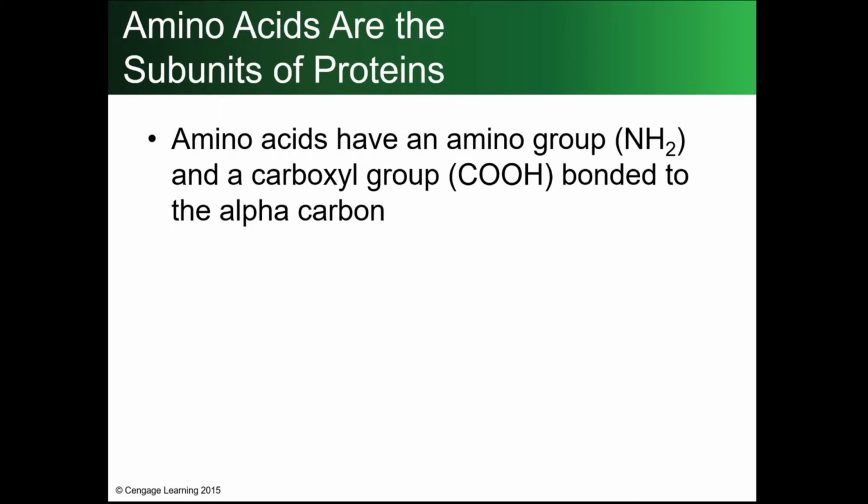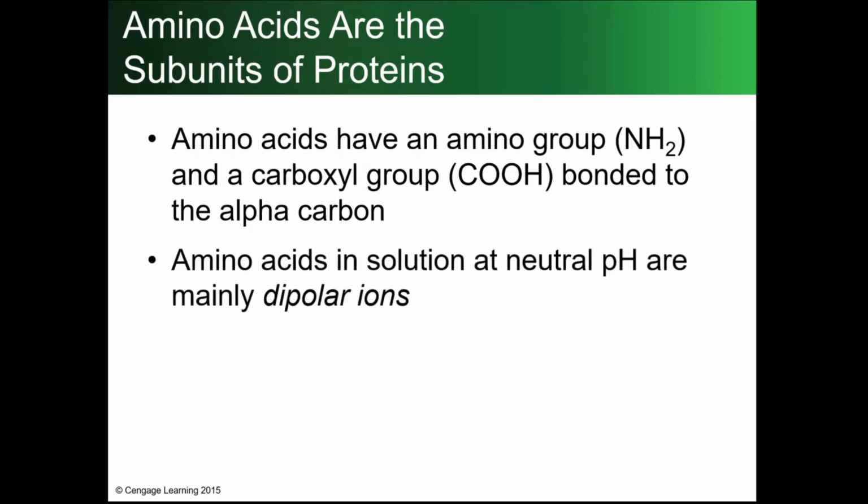If we are talking about amino acids, we can also say that amino acids in solution at a neutral pH are mainly dipolar ions. That is, they possess a positive charge at one end and a negative charge at the opposite end. This is the meaning of the dipolar ion.